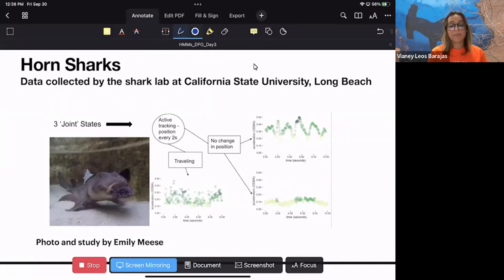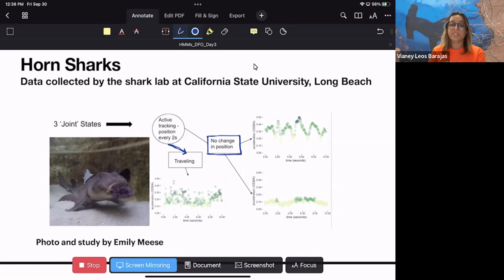What we decided to do, however, is simply employ this hierarchical hidden Markov model structure, because we knew if there was a change in position that really implied traveling behavior, or that they were moving. Simply put, they were moving, maybe not traveling, but just moving around. What we really wanted to focus on was, what were the sharks doing when there was no change in position? Up to, of course, some measurement error.